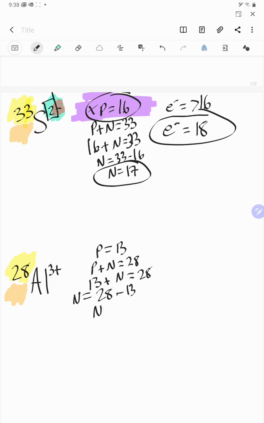And so we get n equals 15. So we have proton number, we have neutron number. Again, when there's a charge, there is no difference in how you determine the number of protons and neutrons. We are going to pretend that I wrote this in pen because this number of protons is not going to change. The neutron number is not going to change either, if you want to go over that in Sharpie or something. The neutron number does not change either.